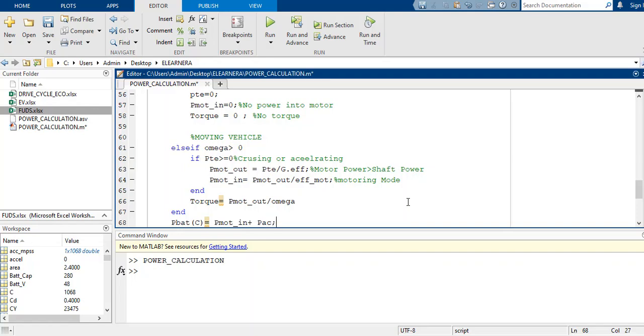So we get the total power required from the battery, because there are many accessories: the HVAC system with an electric compressor, the steering with an electric motor, and the brakes with an electric servo motor.